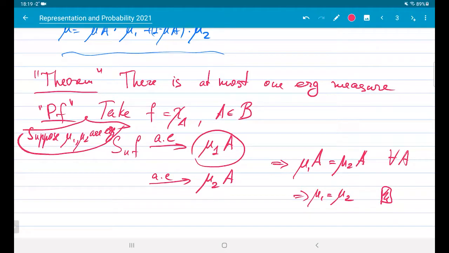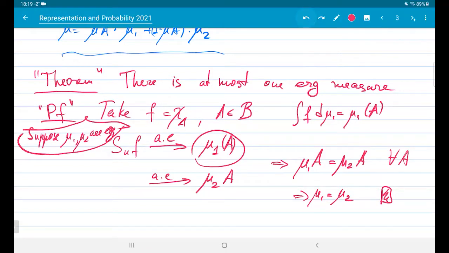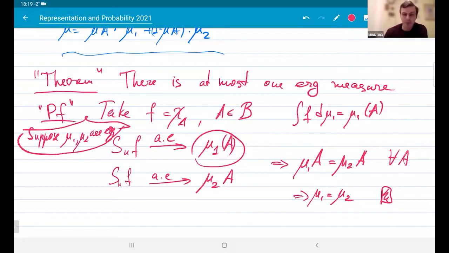So our sequence S_n of f converges almost surely to a constant, which equals the integral of f d mu1, which equals mu1 of A. In fact, the answer is quite easy, because this convergence is mu-almost sure.